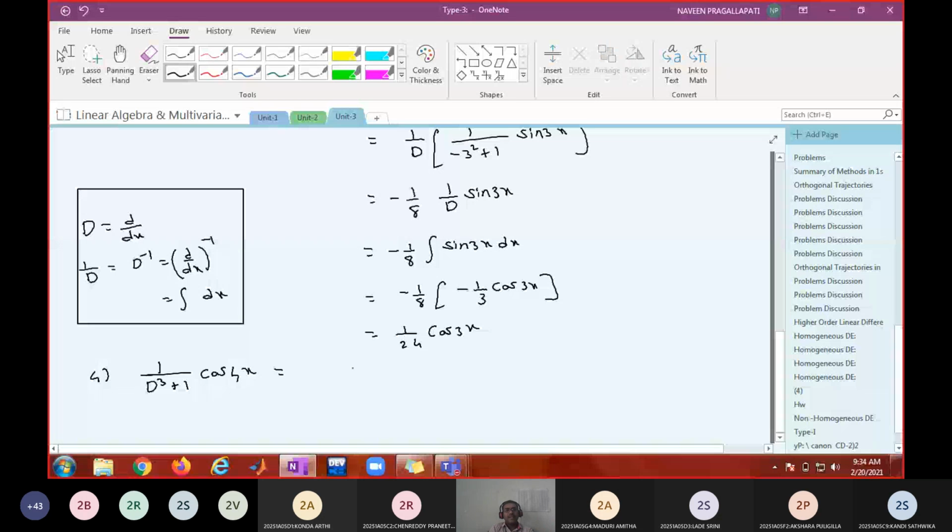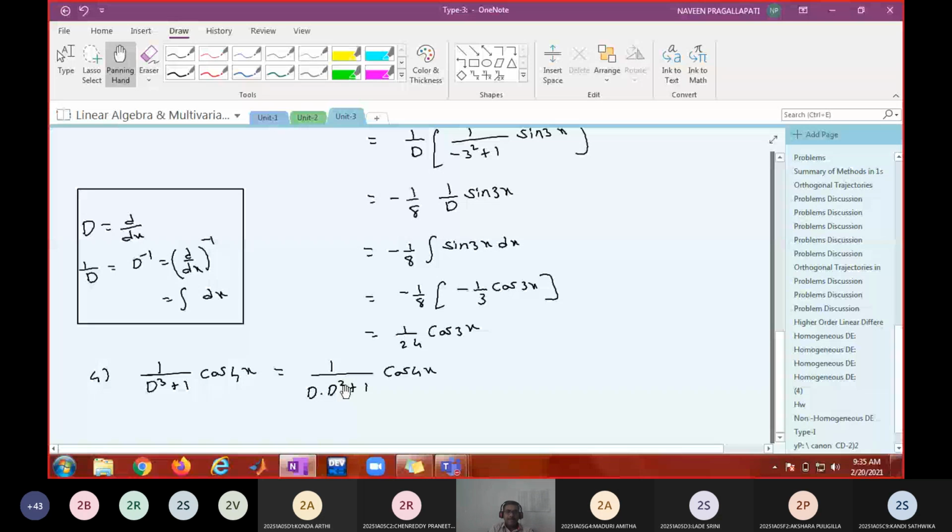Whenever odd power is there, you can always write the odd power as d into even power. Do you agree? So can I write it as d into d square plus 1? Into means actually composition, please remember. So d square of cos 4x, and wherever even powers are there, replace even powers with minus a square.